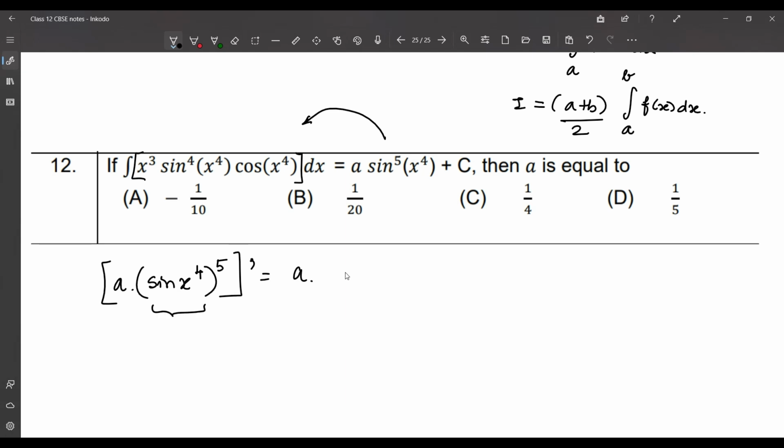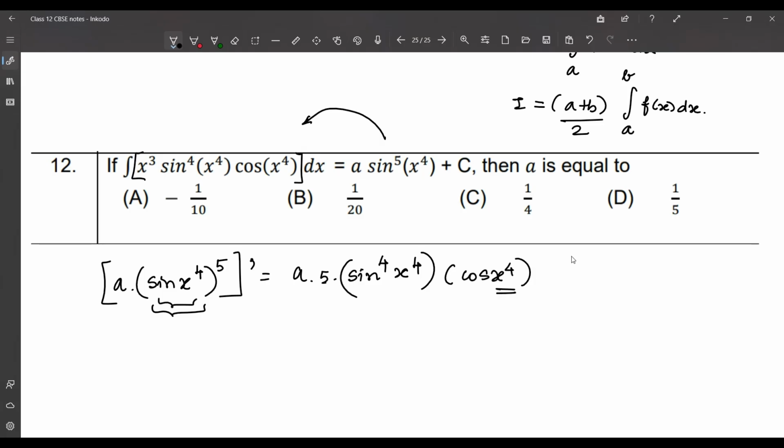So if you differentiate this term, it becomes 5 into sin⁴(x⁴), and the term inside gets differentiated, which is sin of x⁴. So if you differentiate sin of x⁴, it becomes cos of x⁴.